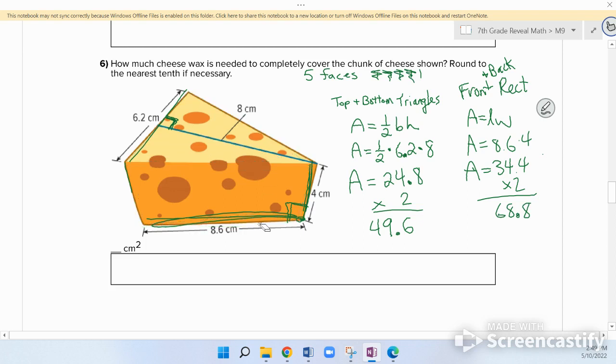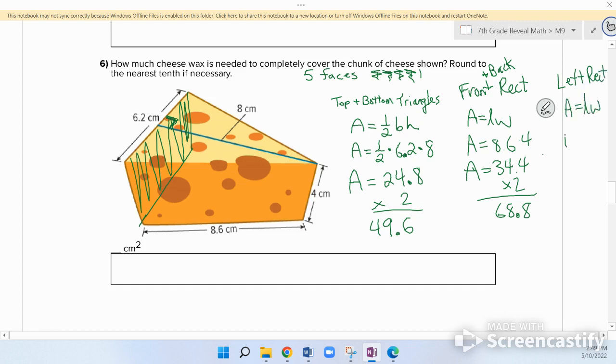Now we just have one final side to take care of, and that's this back side right here. What are we going to call that? I'm going to call it the left face, the left rectangular face. We have area equals length times width.